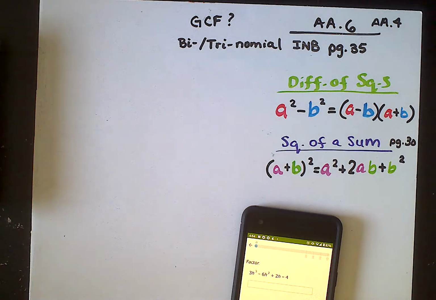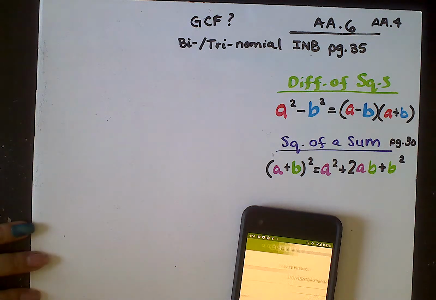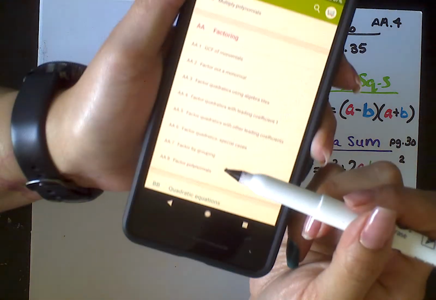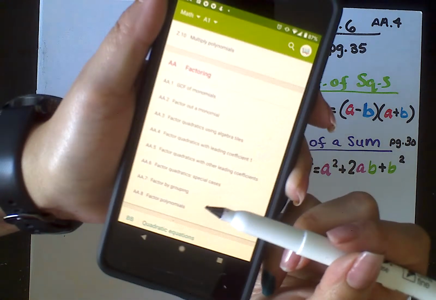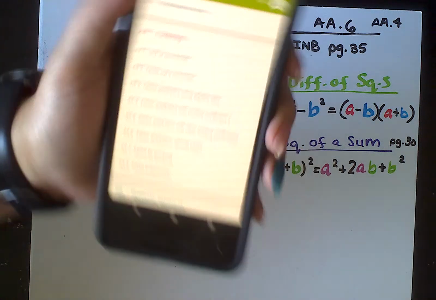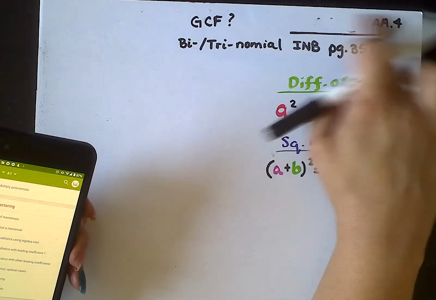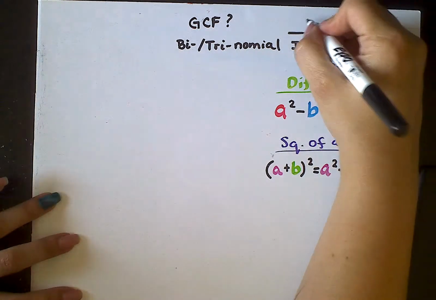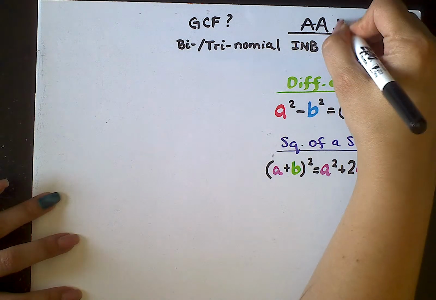But for now, like I said, if you have 4 terms, you're immediately going to do factor by grouping, which, as a matter of fact, if you take a look, double A7, I don't know if it's probably coming out blurry there, but it says factor by grouping. So page 35. All right, so now we're moving to double A7.